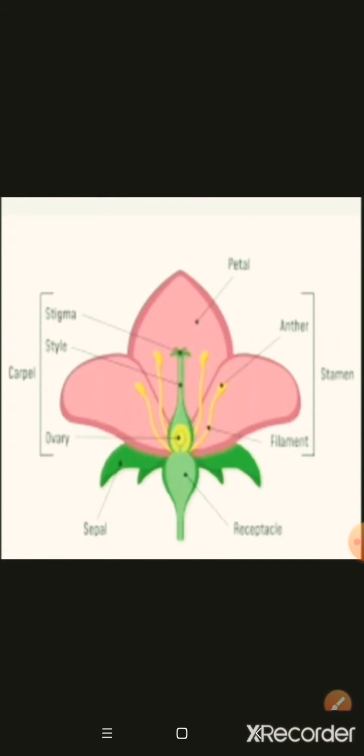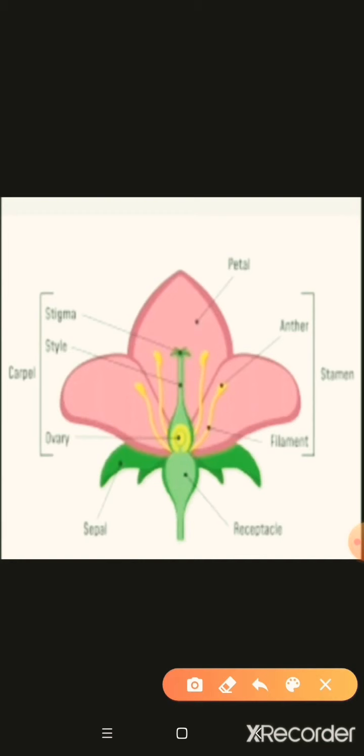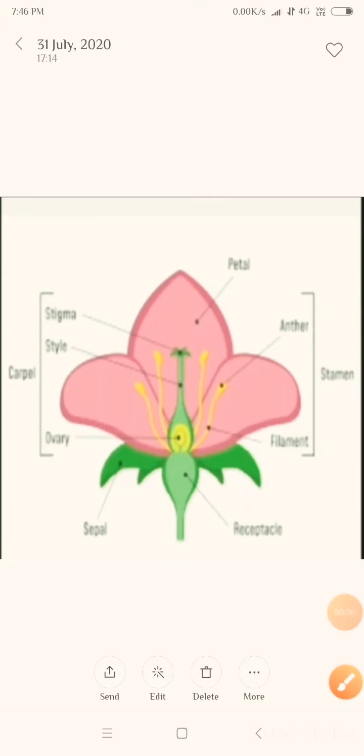Each stamen is made up of anther and filament. Here you can see the male reproductive part of the flower is known as the stamen, and the stamen consists of anther and filament. The fourth part is the gynoecium, the female reproductive part of the flower, and it is made up of carpels.